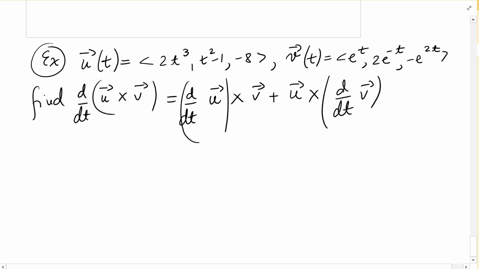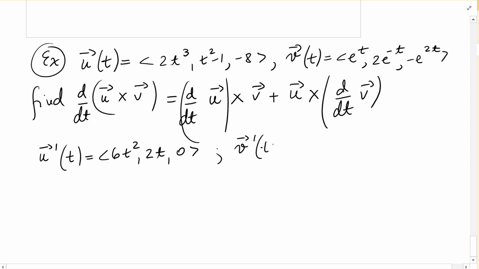So let's calculate the derivatives. The derivative of u, so u prime of t, is 6t squared, 2t, 0. The derivative of v is e to t, negative 2e to negative t, and negative 2e to t.